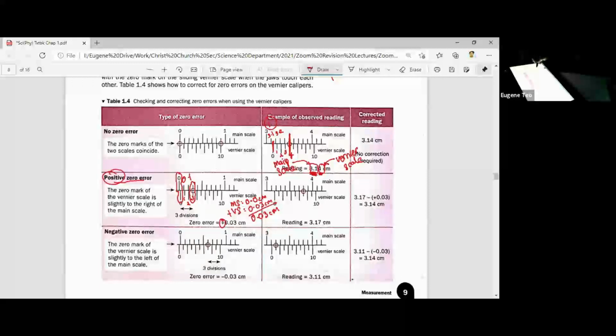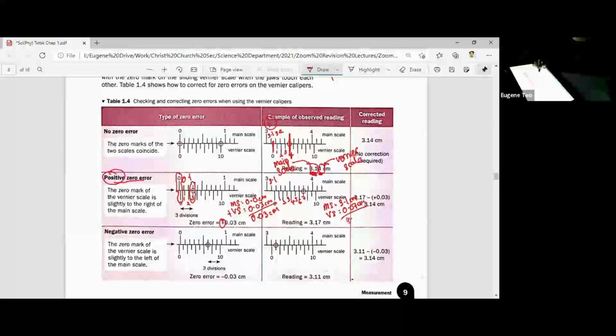Then the question is now, if I got a positive zero error, what do I do with the reading? Down here, if you read carefully, the main scale for this is still 3.1 cm. But the vernier scale, you can see here 0, 1, 2, 3, 4, 5, 6, 7, now becomes 0.07 cm.